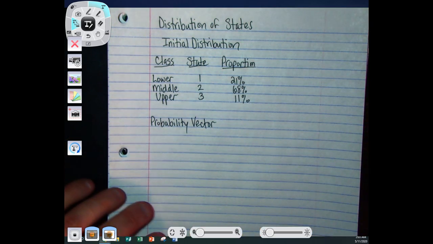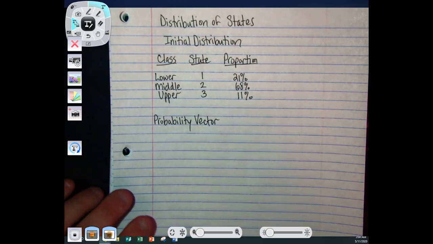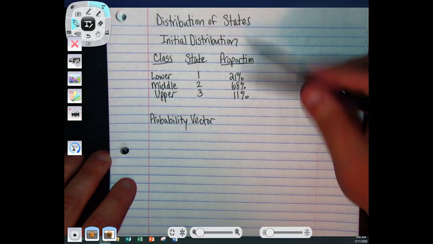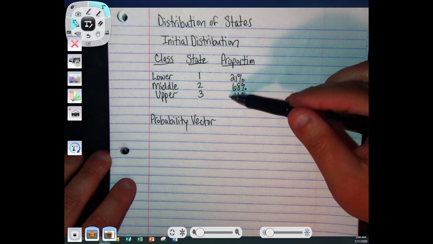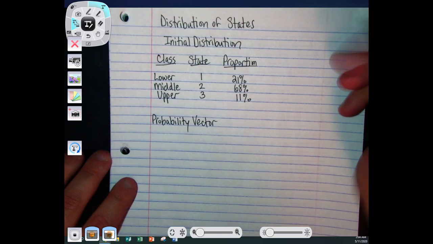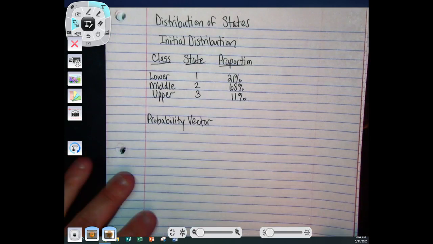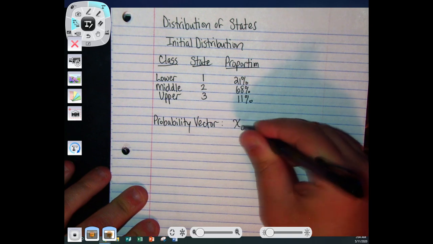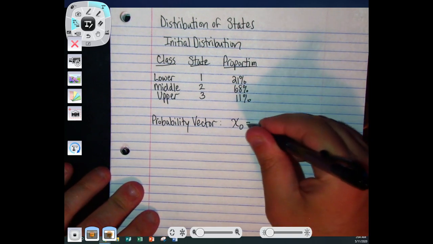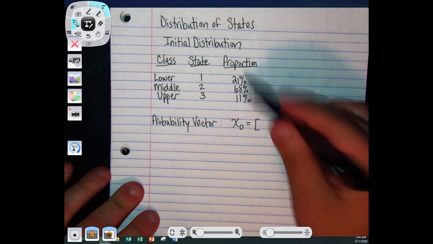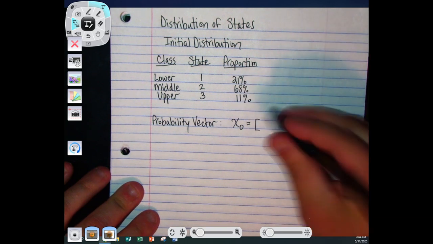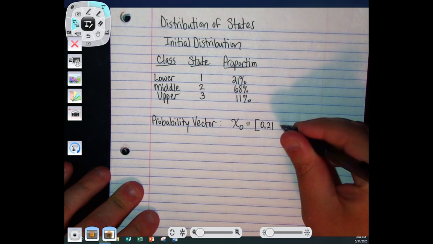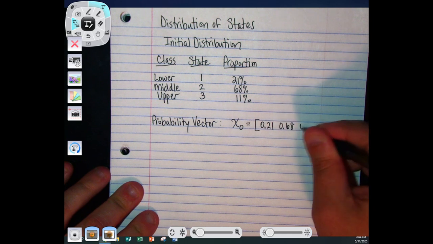The probability vector is essentially a one-row vector of each of these proportions. It only has one row. That probability vector we will usually label as x of 0. I'm going to take each of these, write them as a decimal, and write them in a row. So the probability vector for this initial distribution would be 0.21, 0.68, and 0.11.